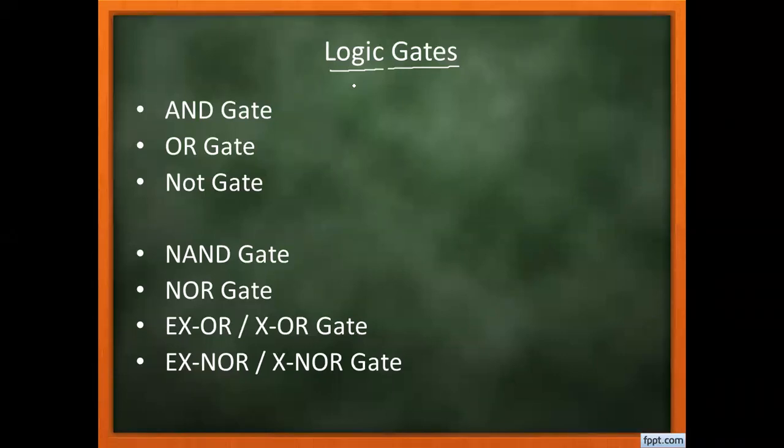So how can you define a logic gate? The logic gate is a small circuit which has one or more than one input, but only one output. And the output of that circuit depends upon the type of the circuit and the input to the circuit. So this is called the logic gate.